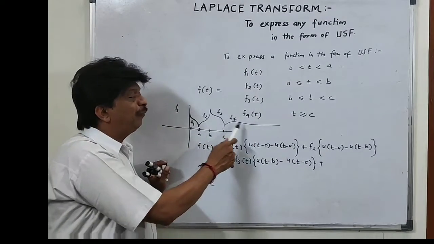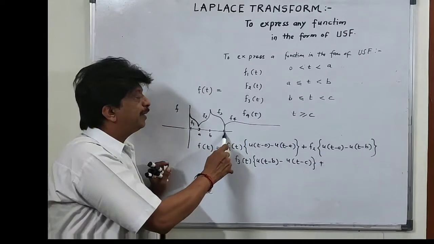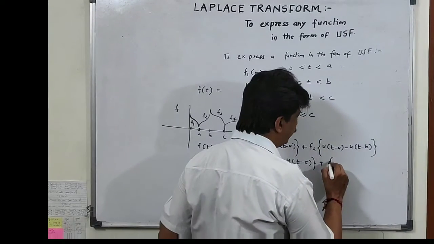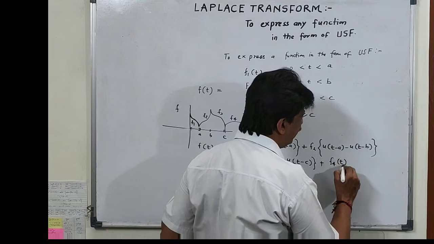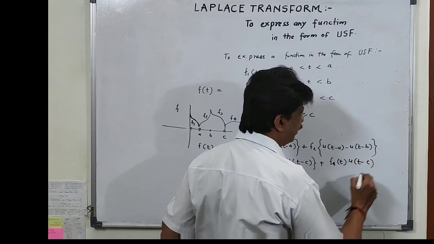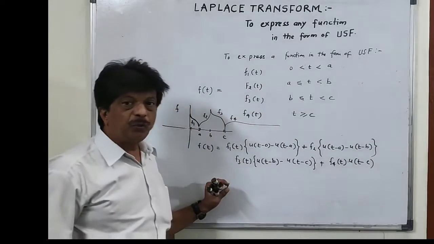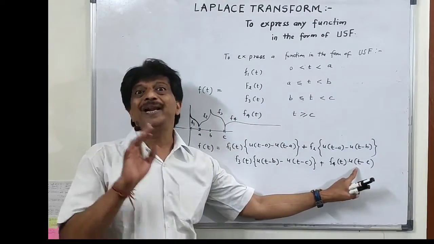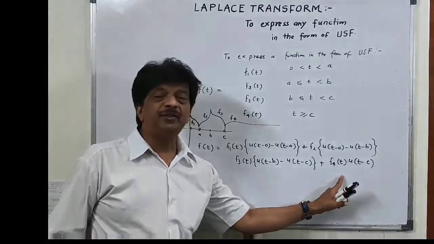How will we get this f4 of t? From c and onwards it is equal to f4 of t into u of t minus c, because from c and onwards u of t minus c is 1, so 1 into f4 is f4.